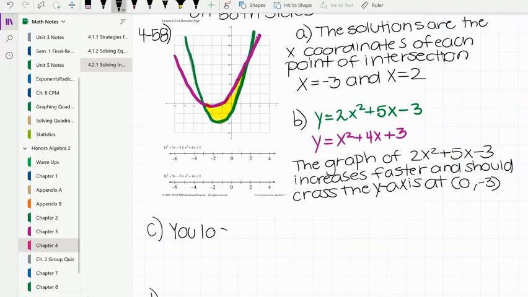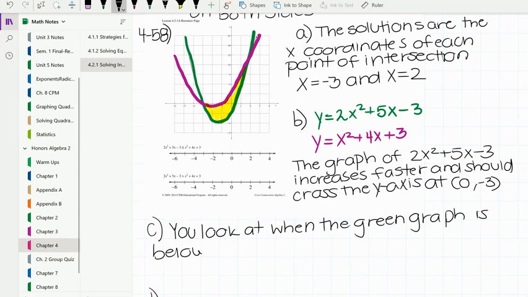So we know that you look at when the green graph is below or less than the purple graph. Okay, now how do we decide those values?